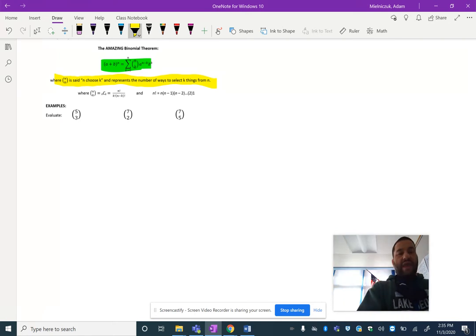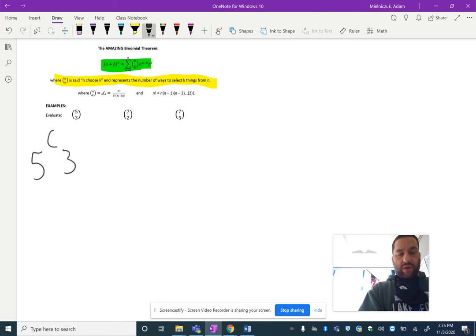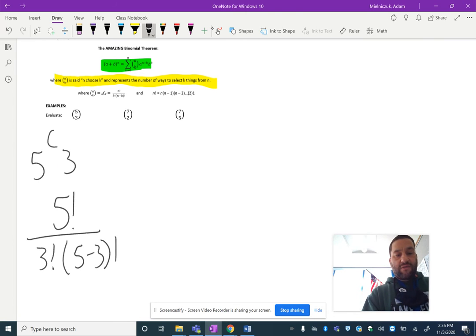So if we have 5 choose 3, which can be written as 5 factorial over, let's see, what's k? 3 factorial times 5 minus 3 factorial.